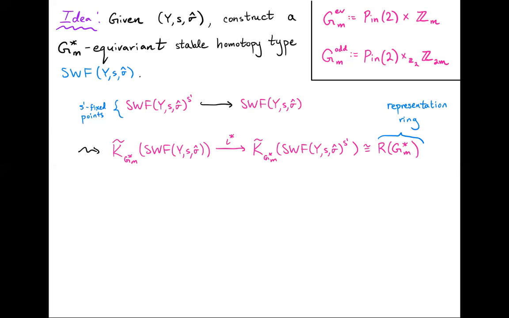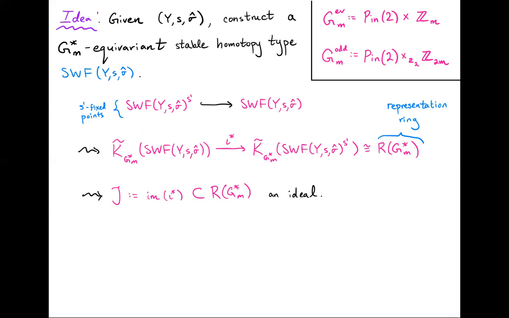And you can check that the S1 fixed point set of any Seiberg-Witten Floer spectrum arising from a 3-manifold is actually homotopy equivalent to some representation sphere. And so by equivariant Bott periodicity, it's just isomorphic to the representation ring R of G star m. So what does that tell us? That means that the image of this map, iota star, is an ideal sitting inside the representation ring of G star m.